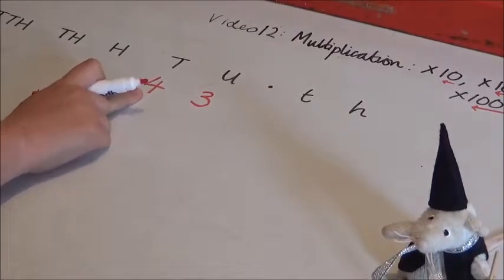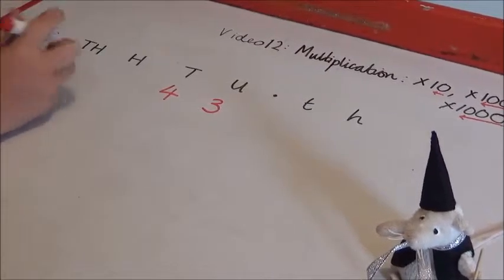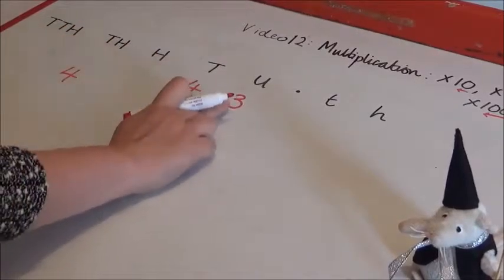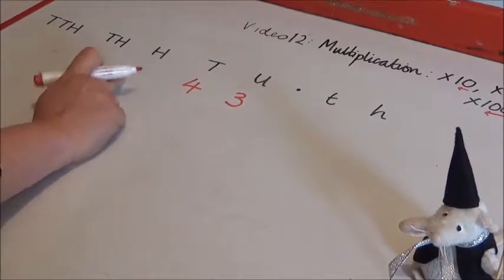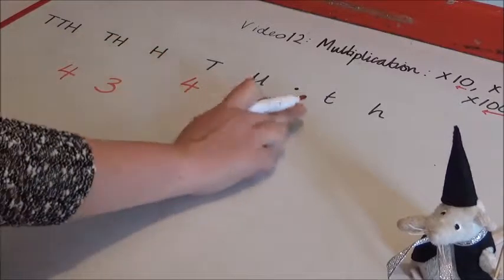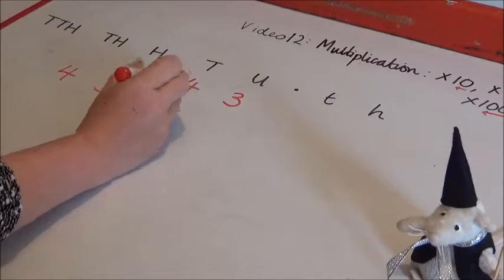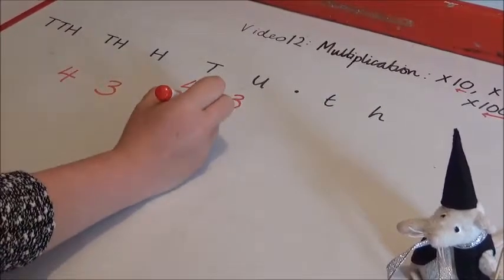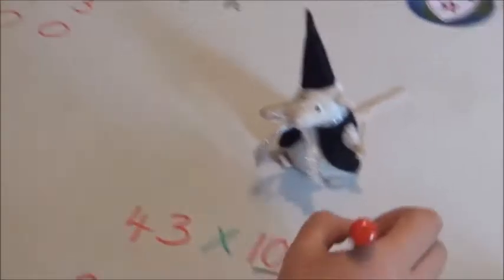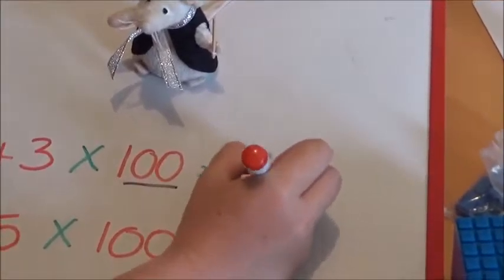So the 4 tens are going not into the hundreds, but into the thousands. 3 units, making them 100 times bigger, not in the tens, but in the hundreds. We've got no tenths, so no tens, no hundredths, so we've got no units. So our answer would be 4,300.